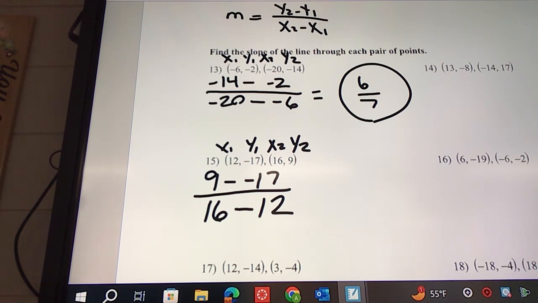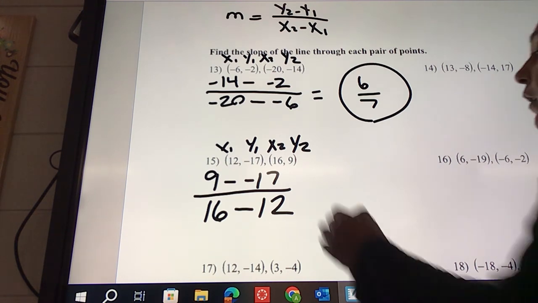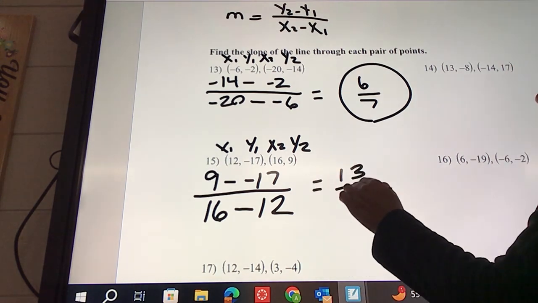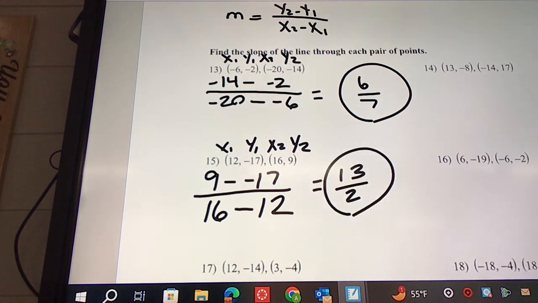I don't know. Maybe 26/4. No, 13/2. Oh, reduced. Yeah, it's going to reduce it, that's why. Okay.